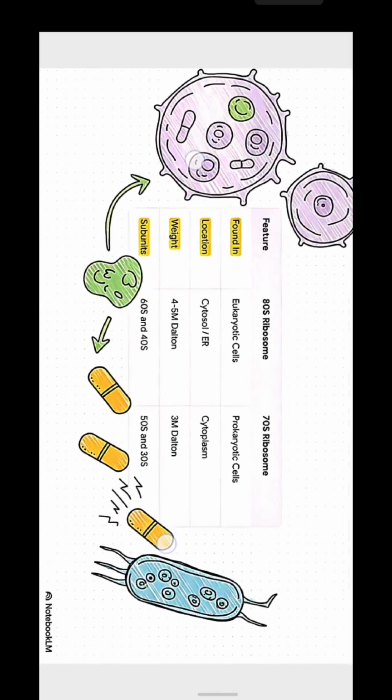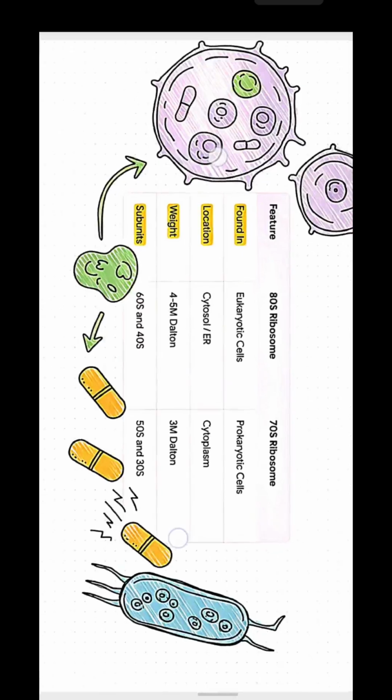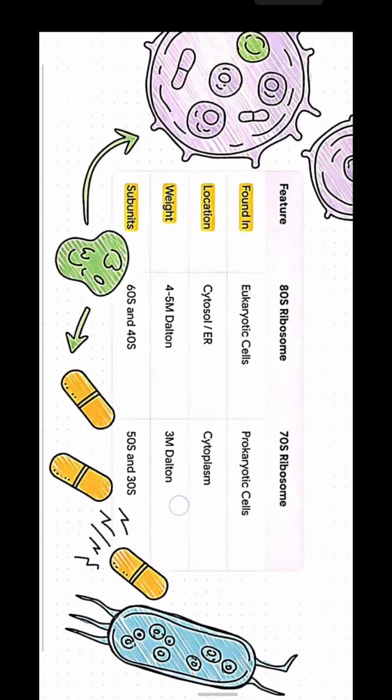If we compare the two types of ribosomes, 80S type of ribosomes are present inside the eukaryotic cells, while 70S type of ribosomes are present inside the prokaryotic cells.